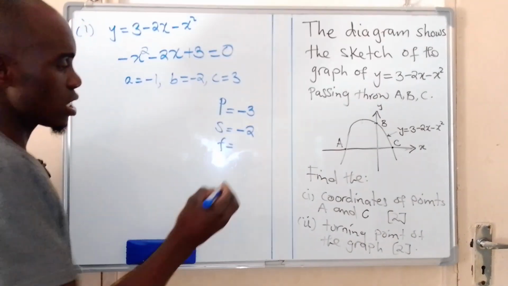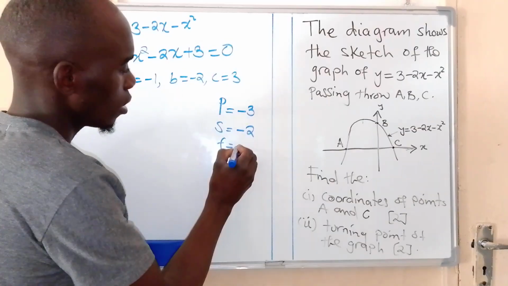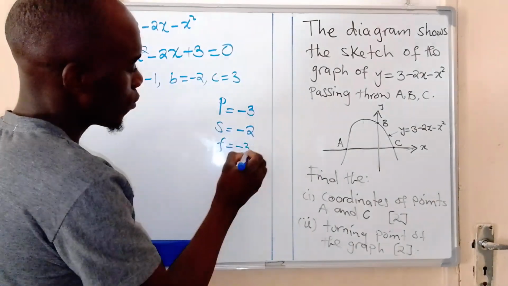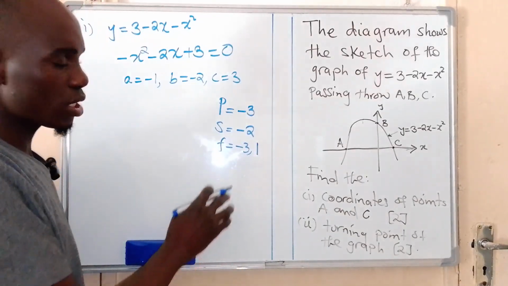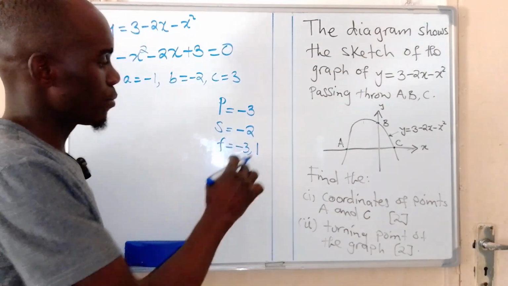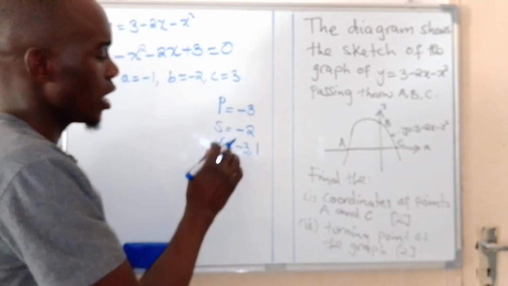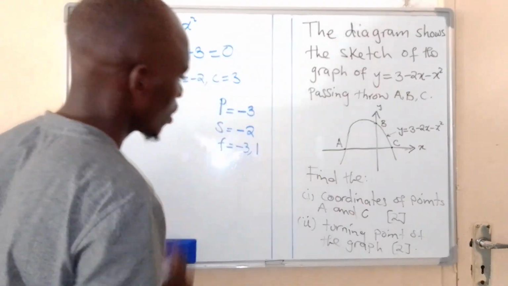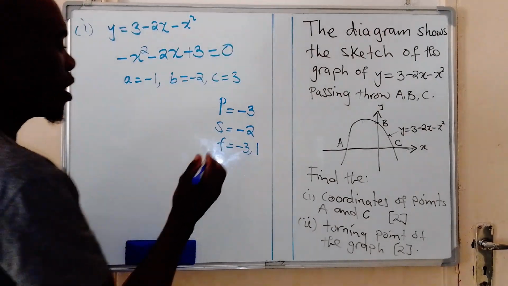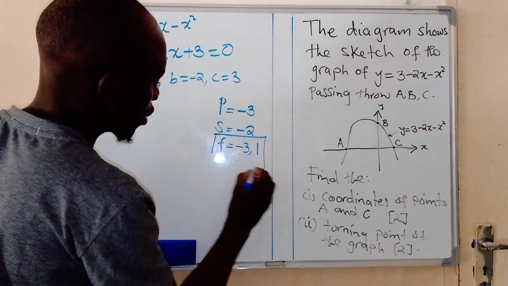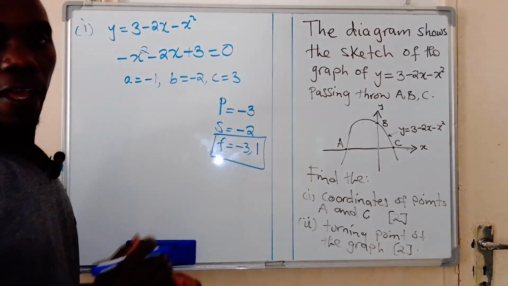To make it so easy, 3 must be negative and 1 must be positive, because -3 times 1 gives -3, and -3 plus 1 gives -2. These are the actual roots you have there.